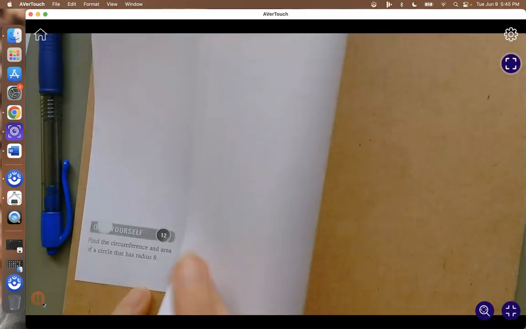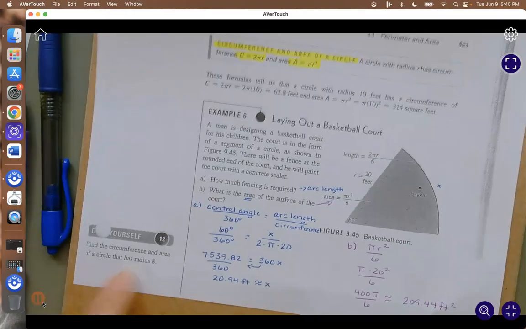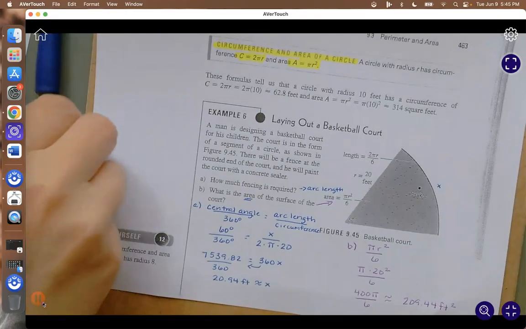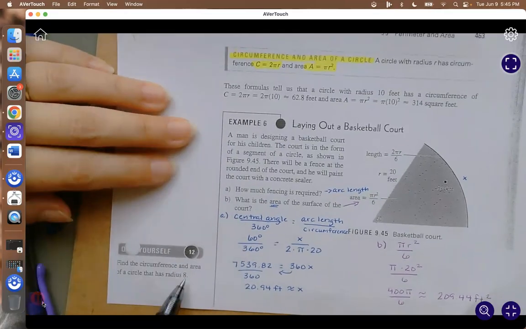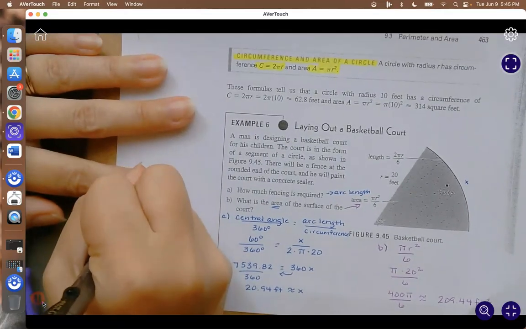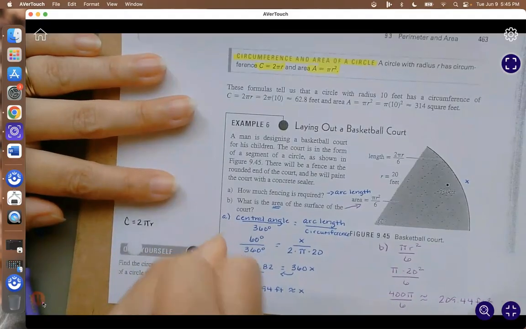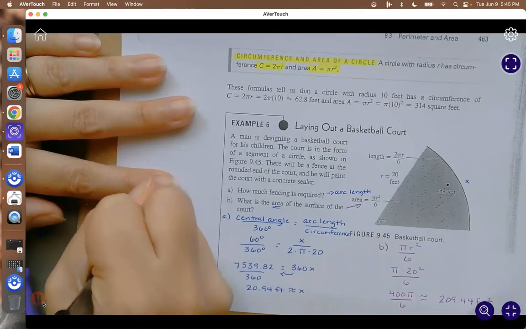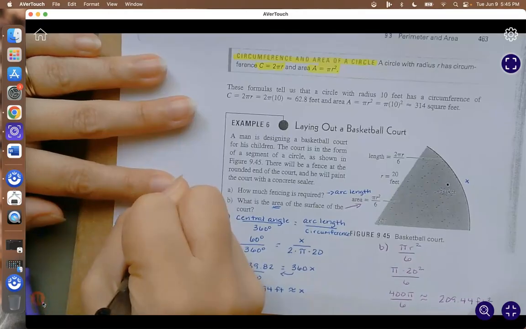Okay? And that, my friends, is all. Oh, wait. We got to do this one over here. I almost lied to you. Find the circumference of a circle, circumference and area. So circumference is 2 pi r. So we do 2 pi times 8.